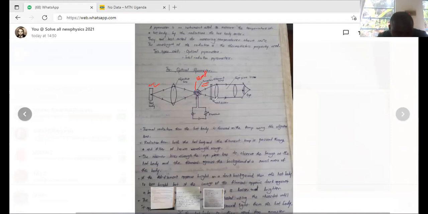So the filter is here. This filter has a range of wavelength, which is known. Then the observer looks through the eyepiece lens to observe the image of the hot body and the filament against the background on a smaller area of the body. So the observer is right here.